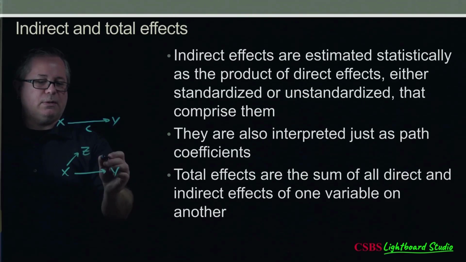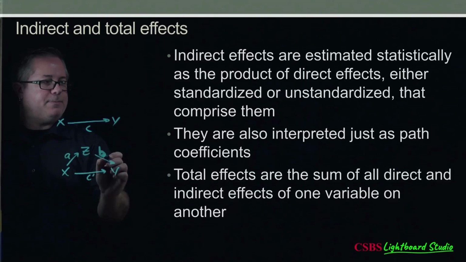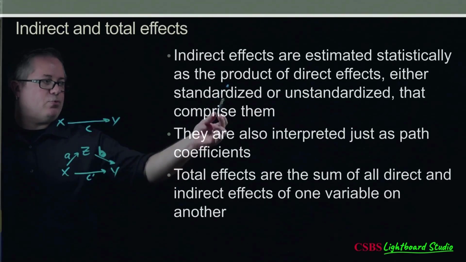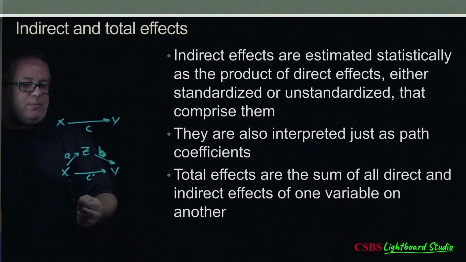Call it Z, like that. And we called this Z prime, and the indirect effect is really just multiplying A times B. That's why it says the product of direct effects. So we can estimate the indirect effect of X on Y by multiplying through.